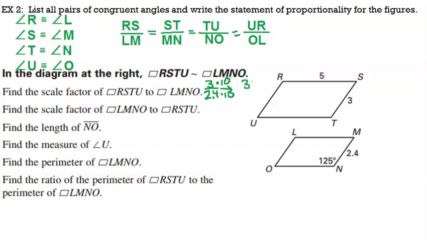What that basically does is it fixes that decimal so that we don't have to worry about it. So instead of 3 over 2.4, you get 30 over 24, which would reduce short and sweet to 5 over 4.